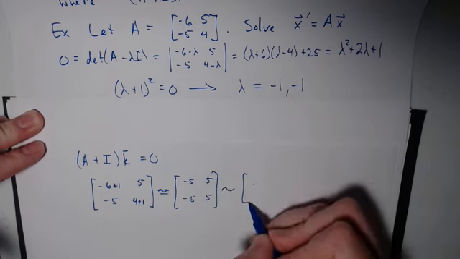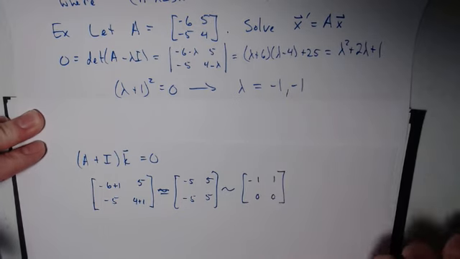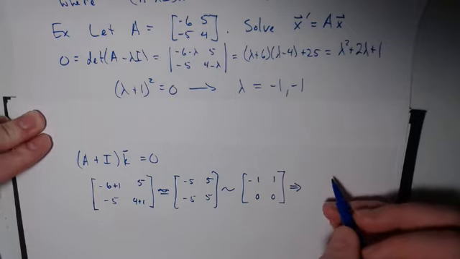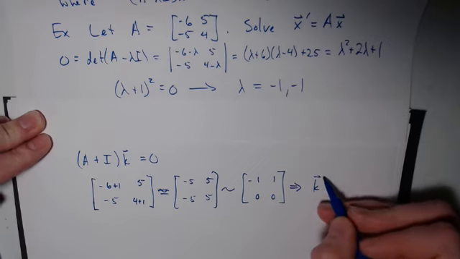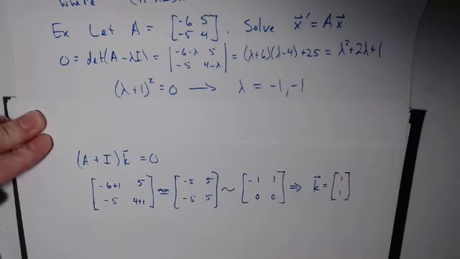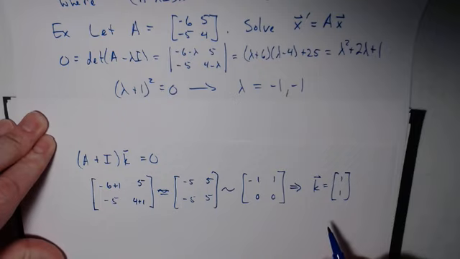That row reduces to [-1, 1] or [1, -1], whichever way you want, which tells me that k is just equal to [1, 1], or any constant multiple of [1, 1]. And I only get one eigenvector.